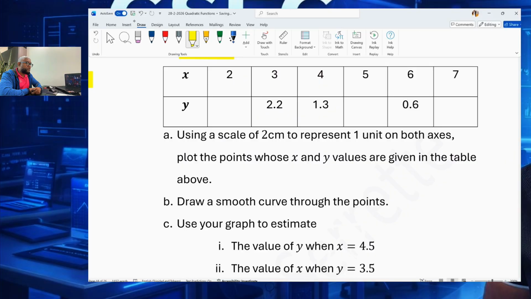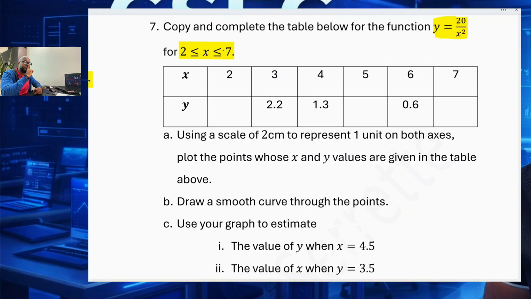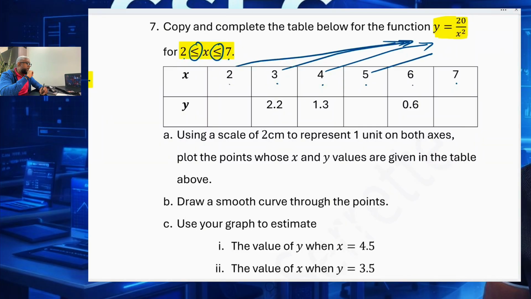This simply means that I'm talking about all the x values starting at 2 and ending at 7, so we talk about 2, 3, 4, 5, 6, 7. I'm going to substitute each one of these values into the function to get the corresponding value of y.